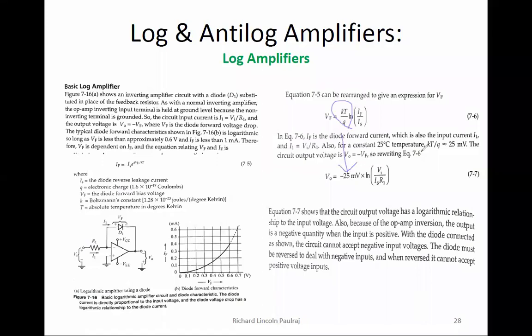K is your Boltzmann constant, T is your absolute temperature in degrees Kelvin, and Q is the charge of an electron, which is 1.6 into 10 raised to minus 19 coulombs. So either we can use KT by Q, or we can directly use 25 millivolts. You can keep this value in mind, or just the formula. Anything is fine.